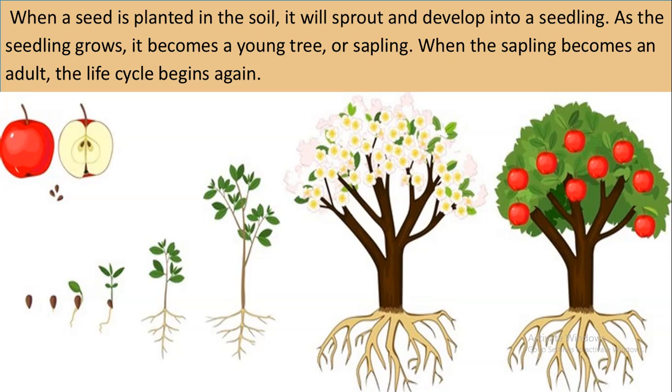The adult tree will produce flowers, and when the pollen moves from the male part to the female part in the flower, it will develop to form seeds. Seeds inside the fruit.